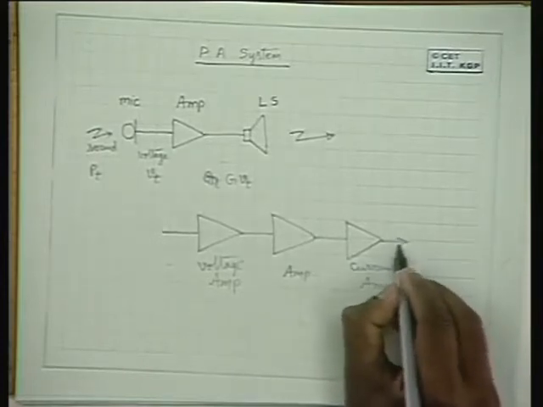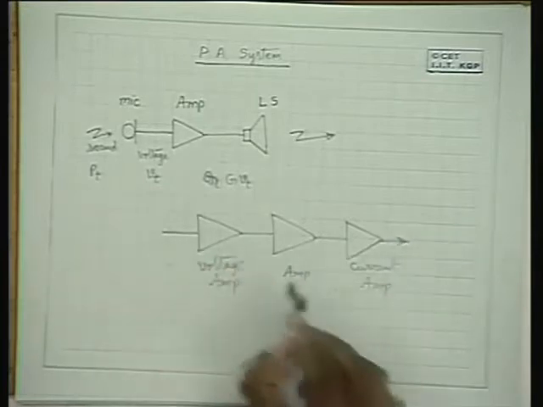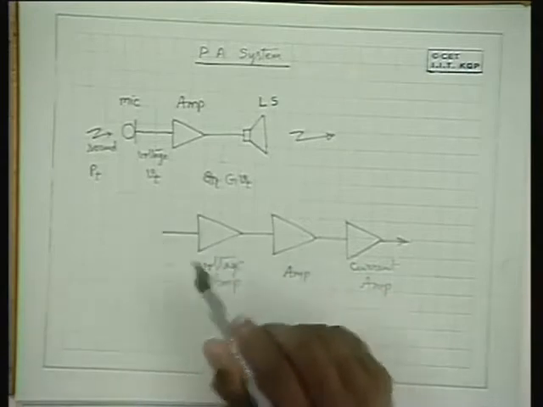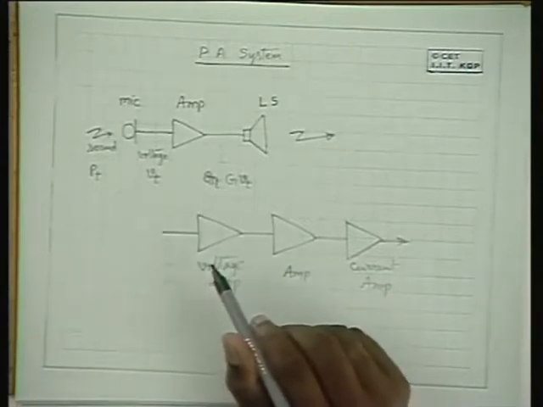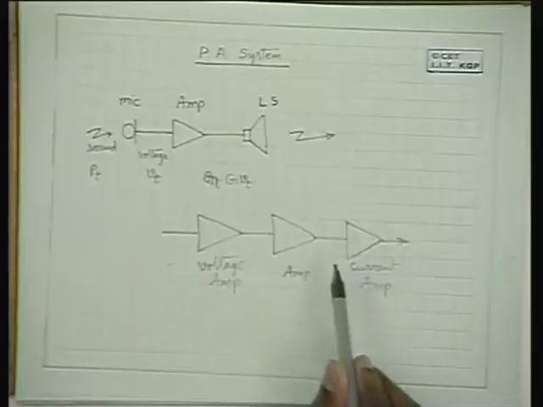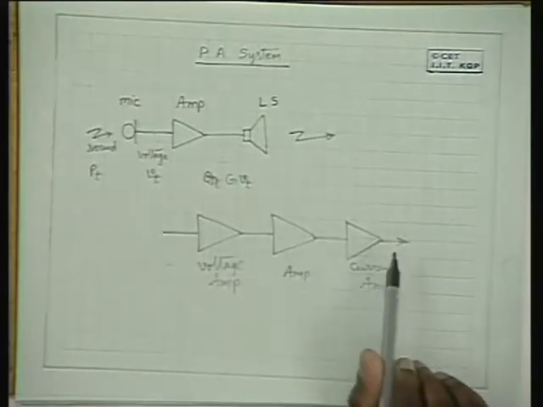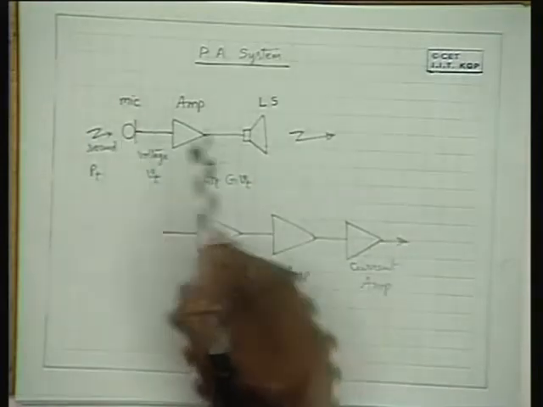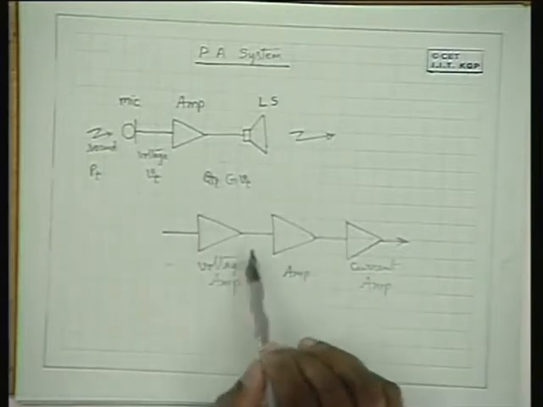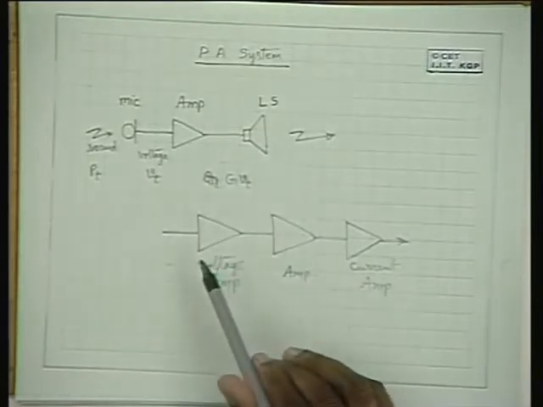So a question may arise regarding why it is so. The reason is the transducers you have are of different types. They have different amplitudes and different impedance levels. To match them and to see that the power gain is optimum from the input to the output, we need to use different kinds of amplifiers.